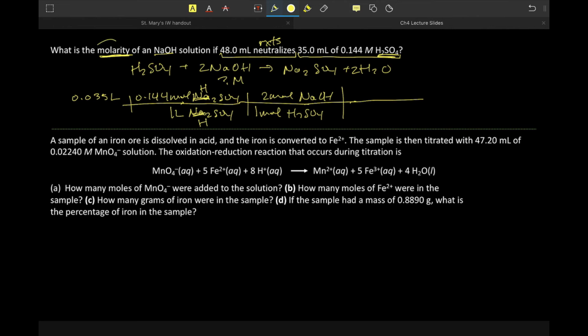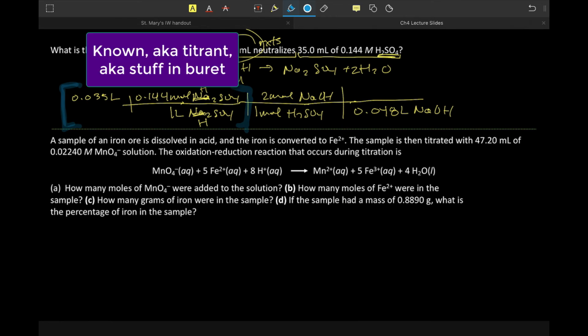and then the last step will be to take our moles of NaOH, and if I want to know the molarity, I've got to divide it by the initial volume, which would be 0.48 liters of NaOH. So then if we go through our steps here, first we have this first step, which is just about coming up with the moles of our known. That is the moles of known used to do the reaction.